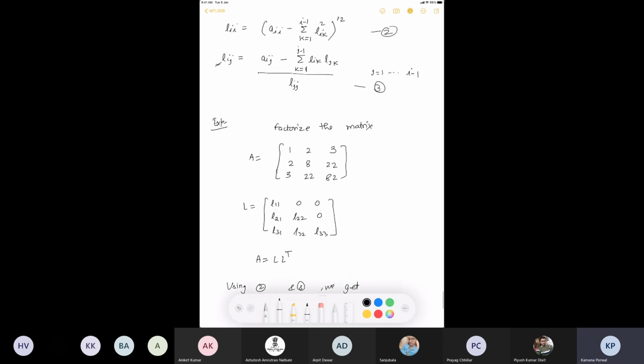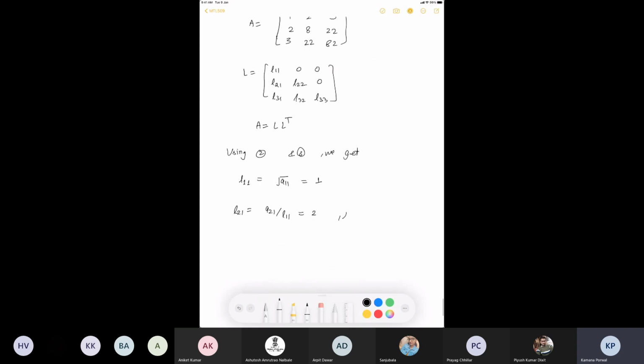Now I can also compute L31 from here, because if I take j equal to 1, this summation is not going to contribute. So L31 is going to be A31 divided by L11. So A31 is 3.